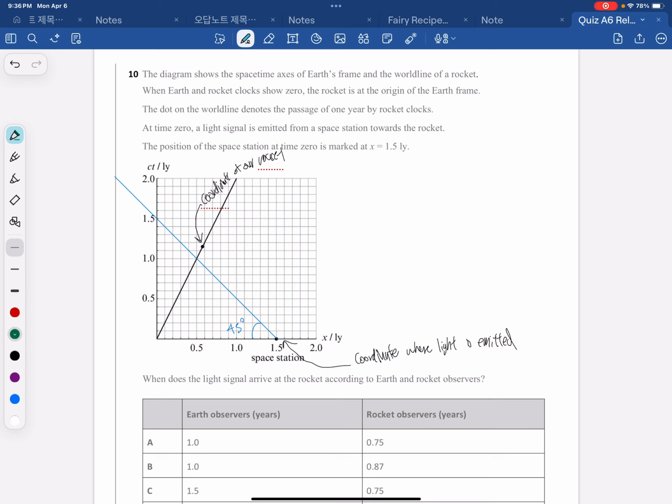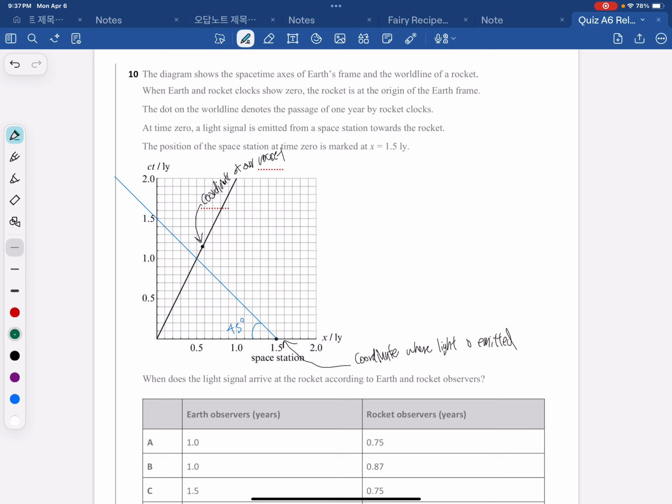And now we gotta find at what time the light reaches the coordinate of the rocket. Okay, what is the position of a rocket here? Rocket is original.